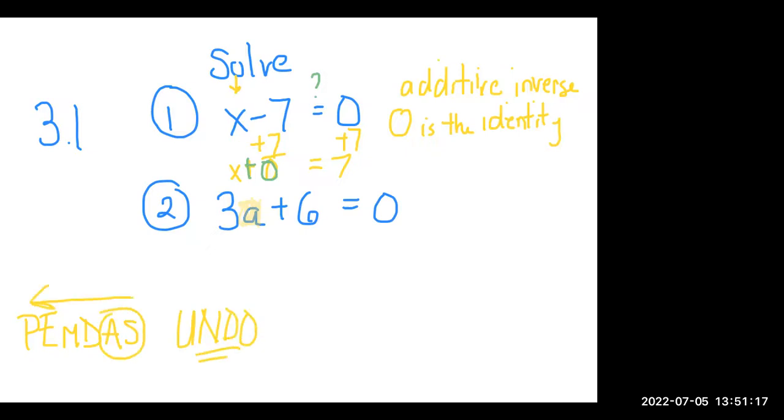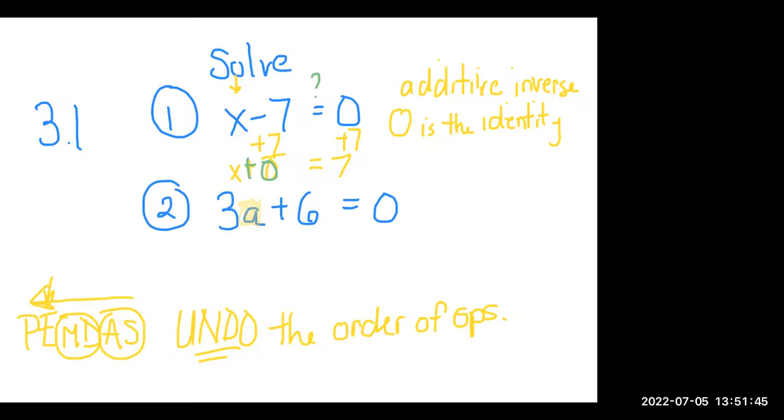So add and subtract first, then multiply or divide, and then undo your exponents and your parentheses, and you'll usually be fine. So undo the order of operations. Because sometimes people, when they're a beginner at this, they don't know. They're like, should I subtract 3? Should I divide by? They'll just start guessing.